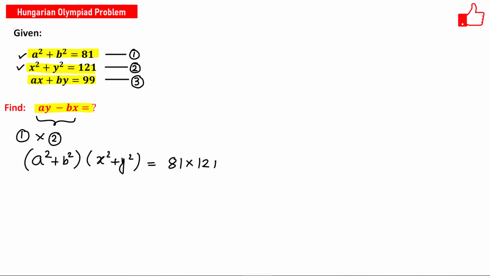And if you expand, this becomes a square x square plus a square y square plus b square x square plus b square y square, and this is equal to 81 times 121.